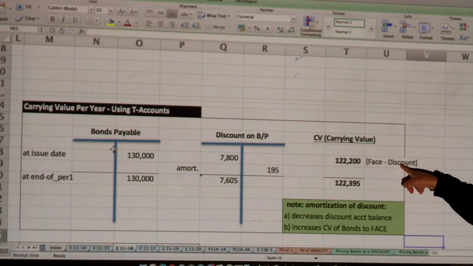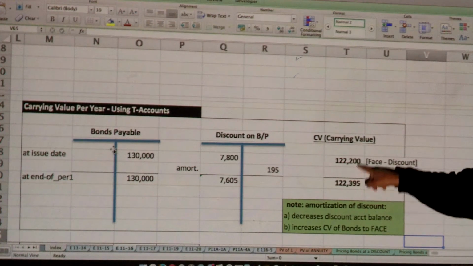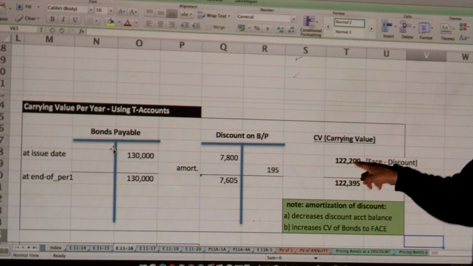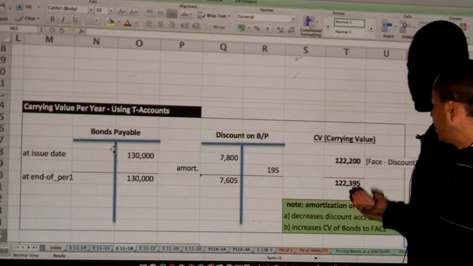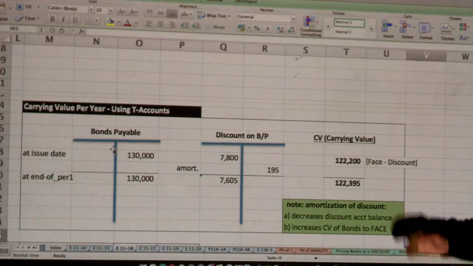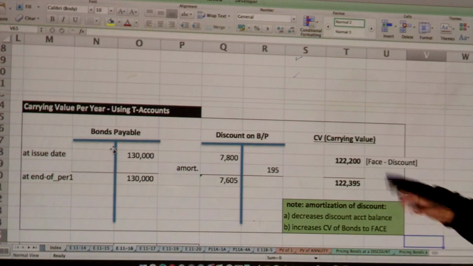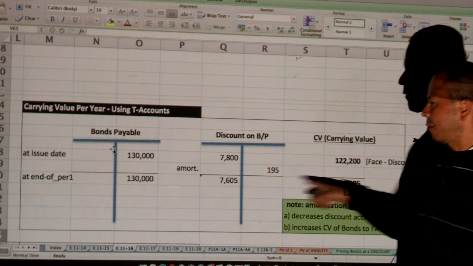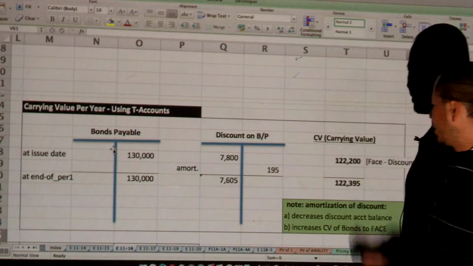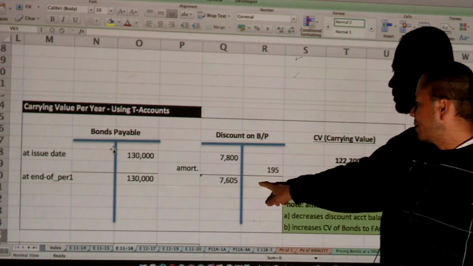Again, face minus discount. Notice that it's higher than the initial value here. That means that as you amortize that discount, the carrying value rises. And after the 40 periods of doing this, you will see that the carrying value goes up to $130, the face amount. It always goes up towards face. And then this becomes 0.